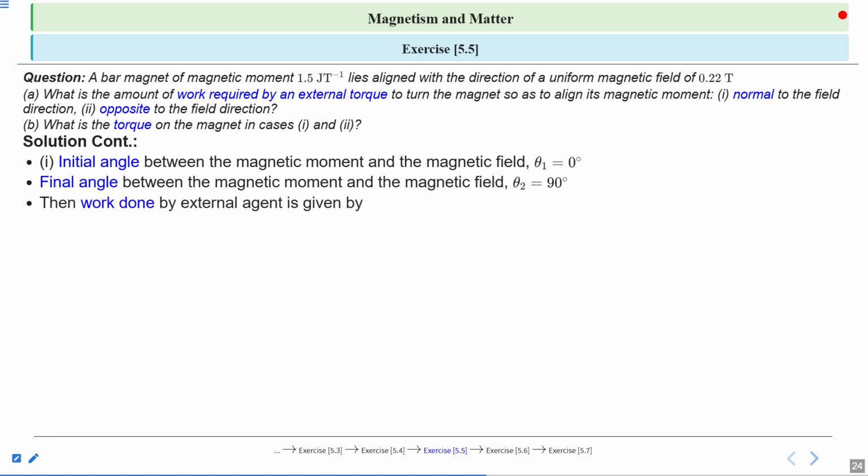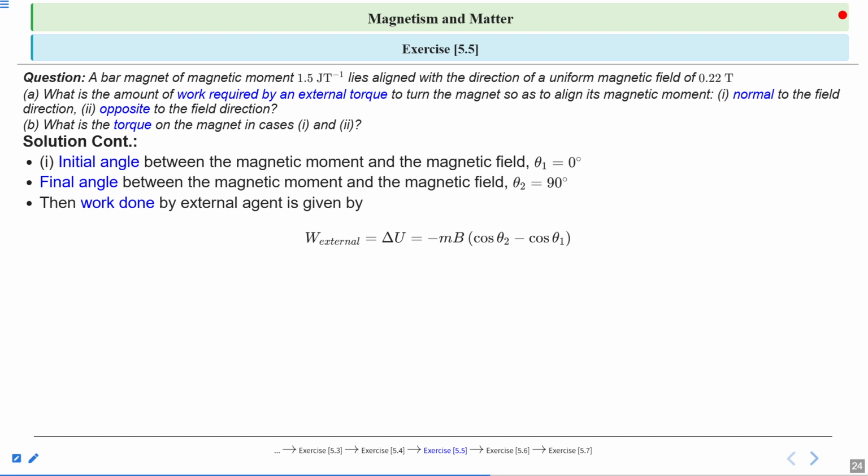Then the work done by external agent is given by work external, the change in potential energy. Potential energy at one orientation is given by minus mB cos theta. So the final energy, when it is rotated and is normal to the field direction, theta 2 is 90 degree, will be minus mB cos theta 2, and the initial energy will be minus mB cos theta 1. We take the difference U_F minus U_I.